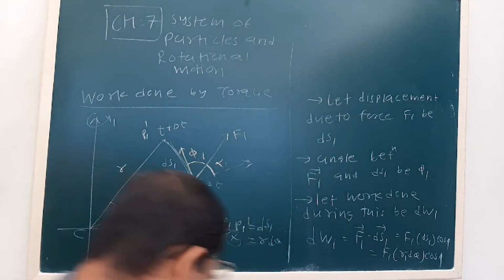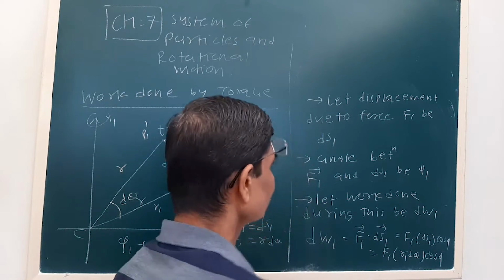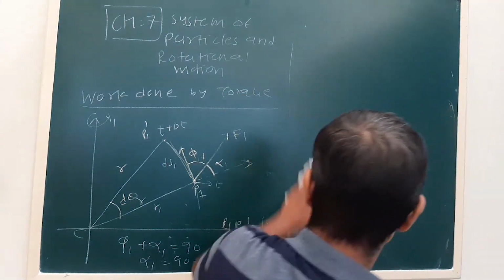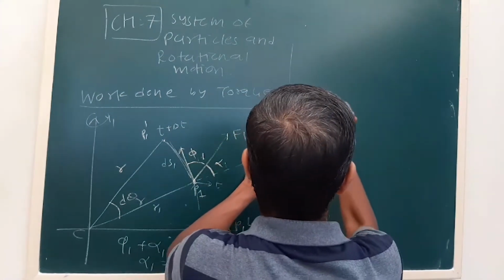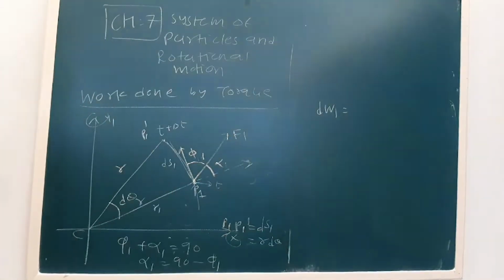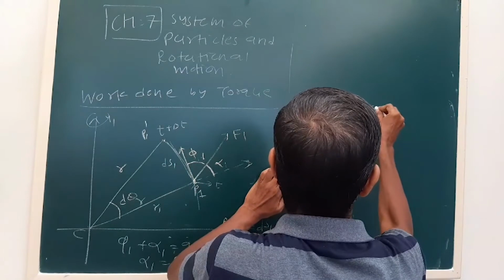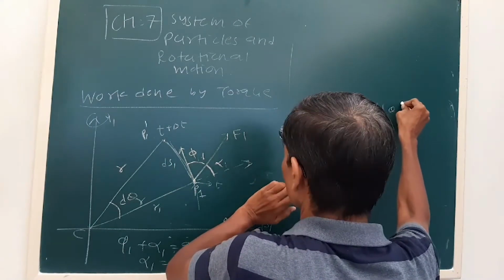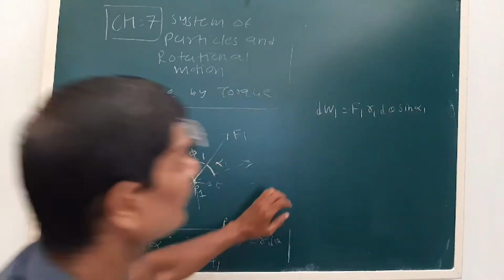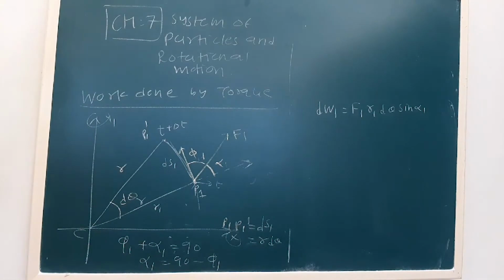So in that case, we can write in terms of alpha. We can write dW1, the work done due to the particle, is equal to F1 R1 d theta into sin alpha 1.